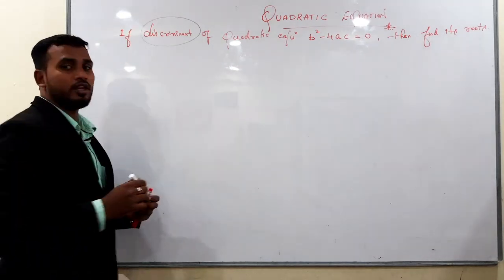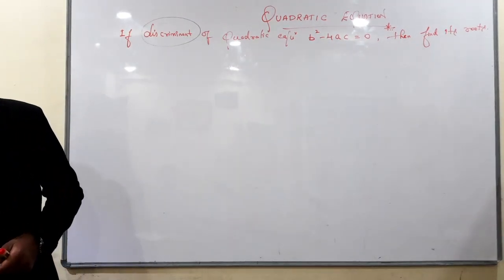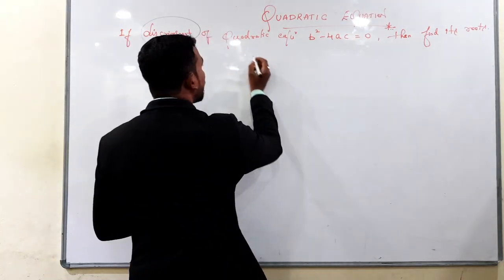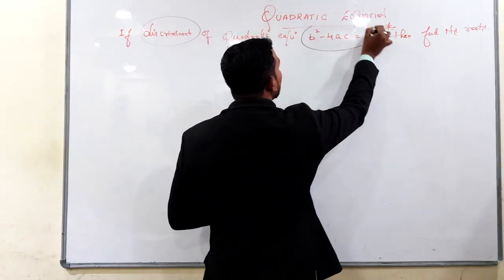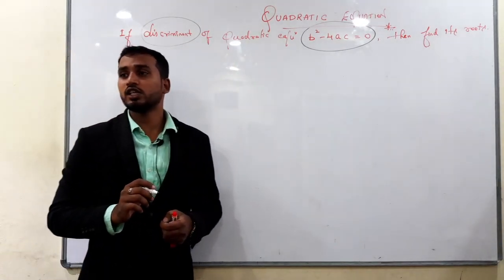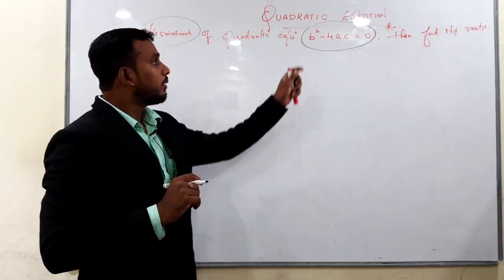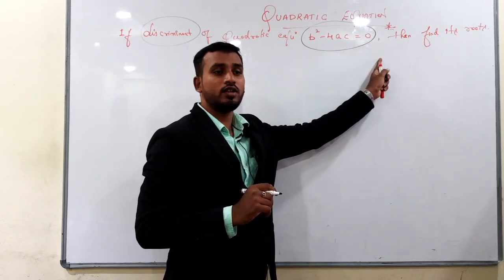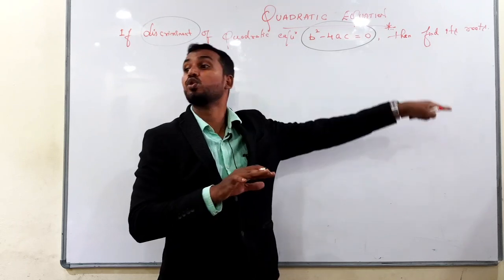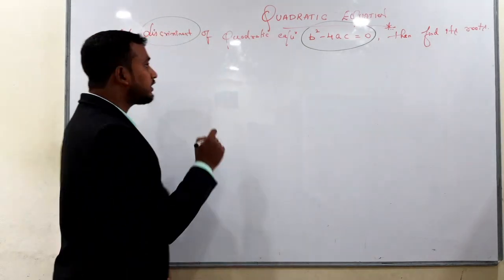This word is very, very important for us. After the word discriminant, what has he given? He has given the condition of the discriminant: b square minus 4ac equals 0. Then what are they asking us to find? Its roots.